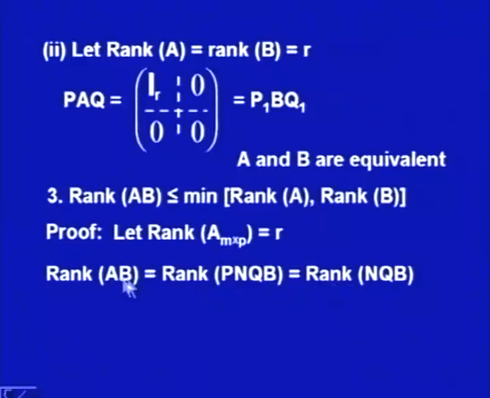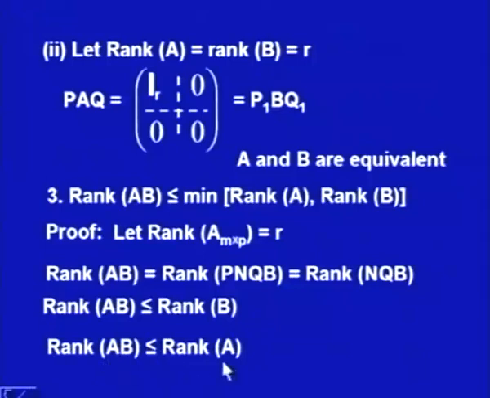That is why rank of AB is equal to rank of NQB, and rank of NQB is less than or equal to rank of N. From here, rank of AB is less than or equal to rank of A. Similarly, one can prove the other, and now we can combine these two results, and that gives me that rank of AB is less than or equal to the minimum of rank of A and rank of B.